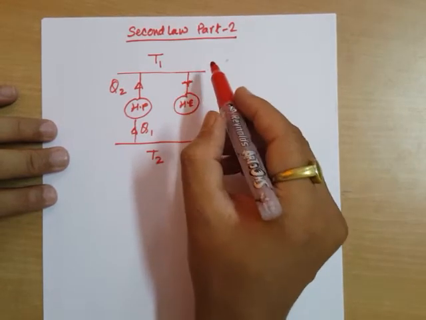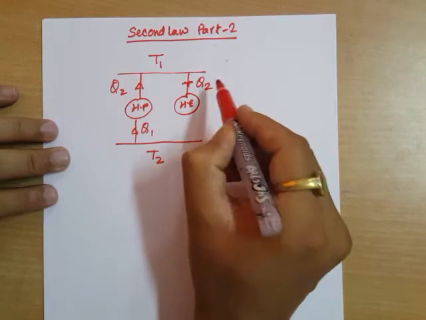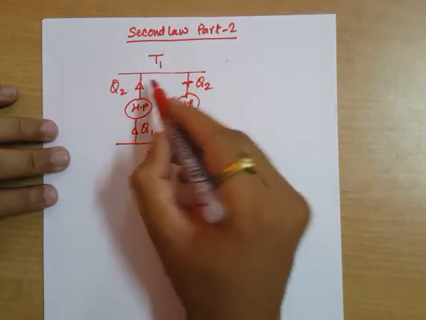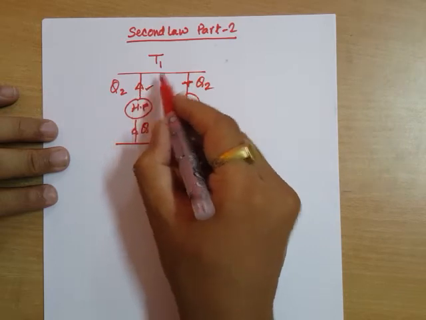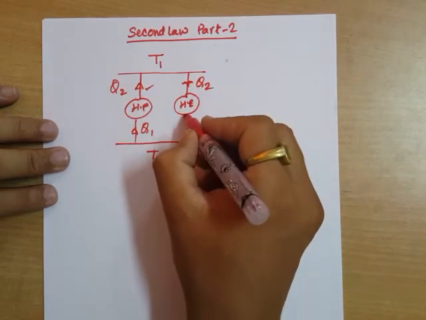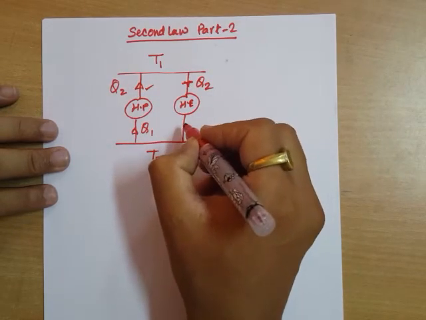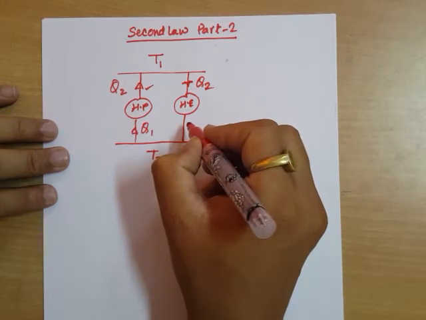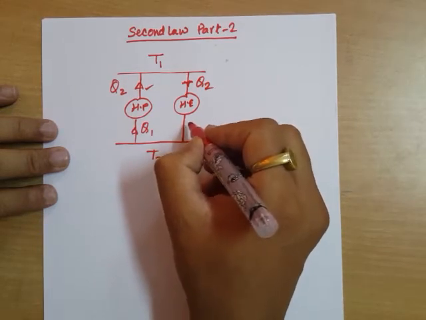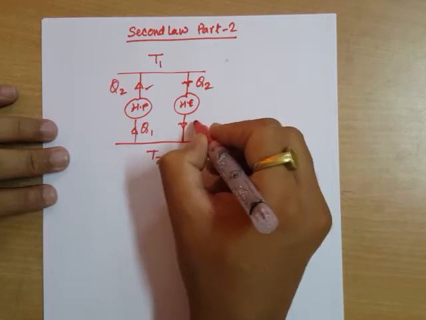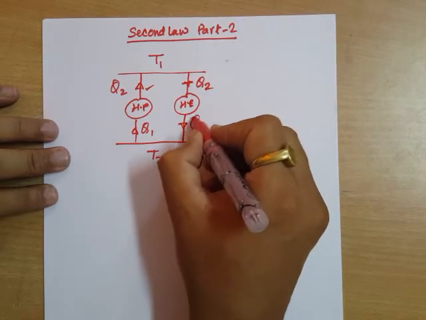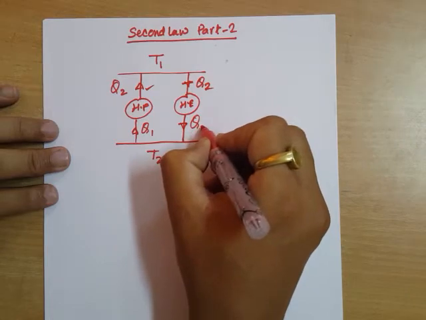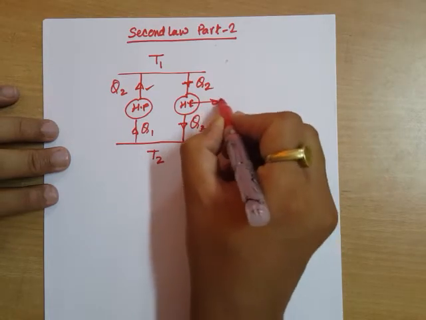It is taking Q2 amount of heat, the same amount of heat from this reservoir as the amount rejected by the heat pump, and it is rejecting some amount of heat, say Q3, and developing some work.